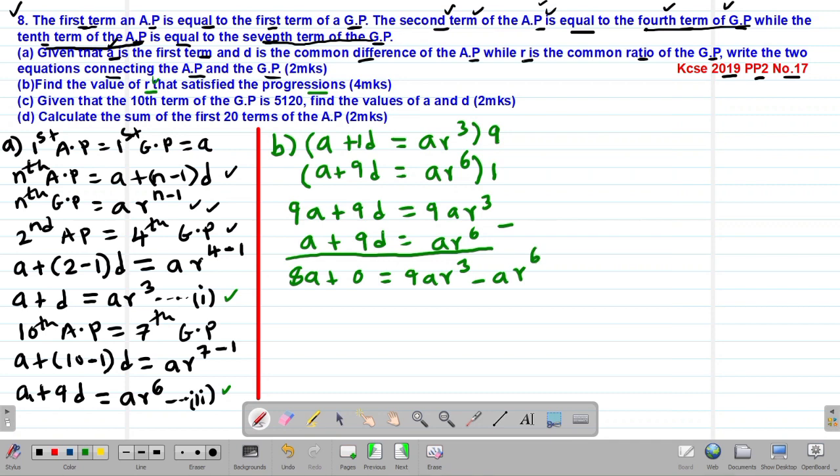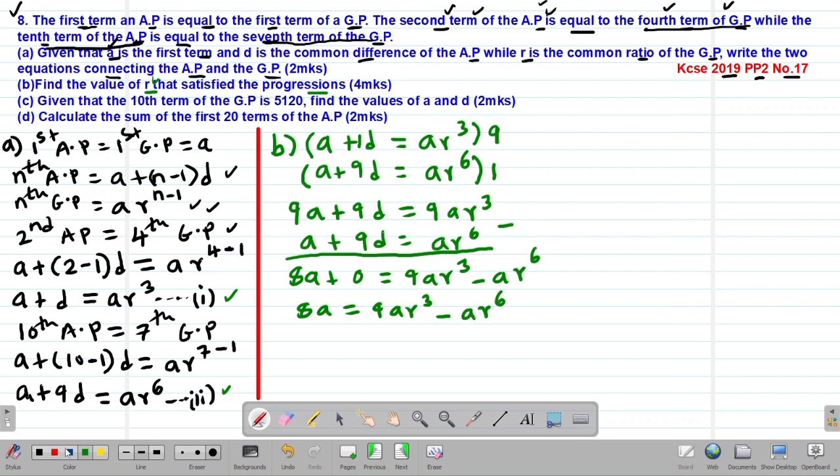Remember, we can't subtract these directly because they are not like terms. One is R cubed, whereas the other one is R to the power of 6. So we'll end up with 8A being equal to 9AR cubed, then minus AR to the power of 6.